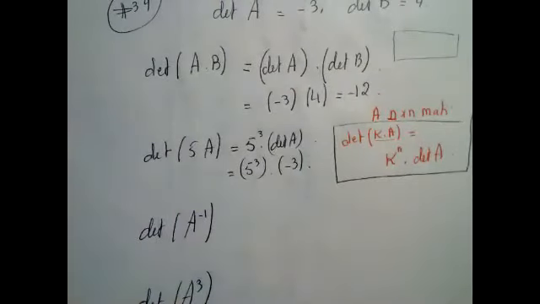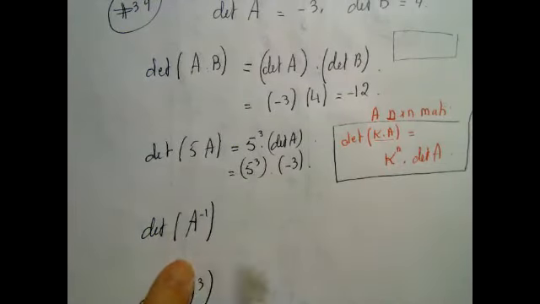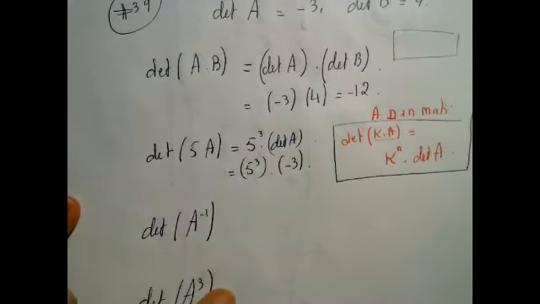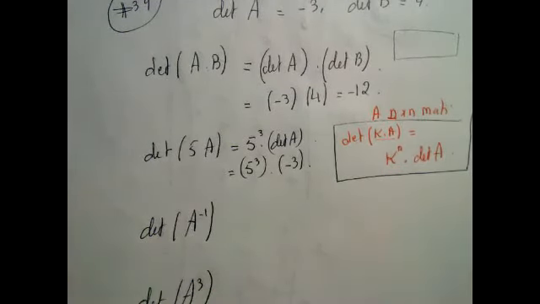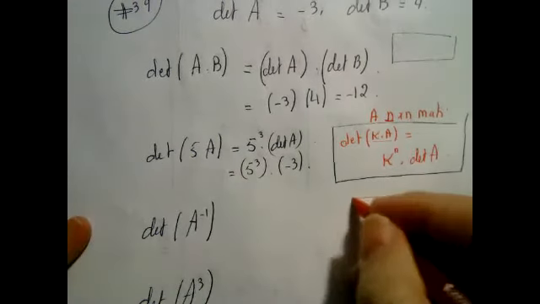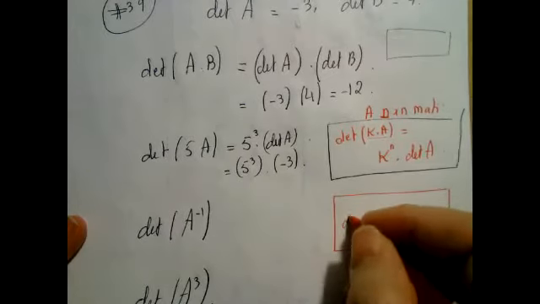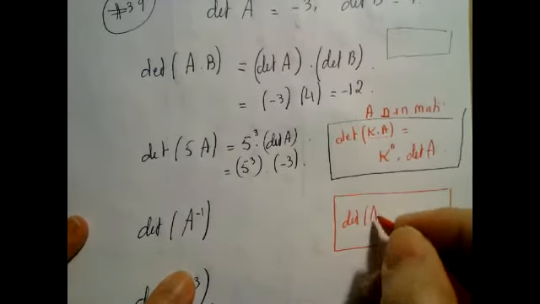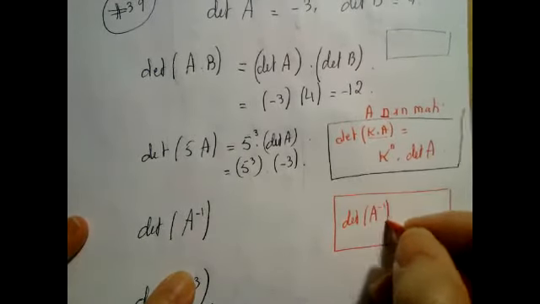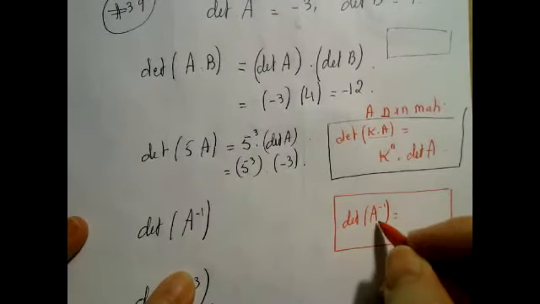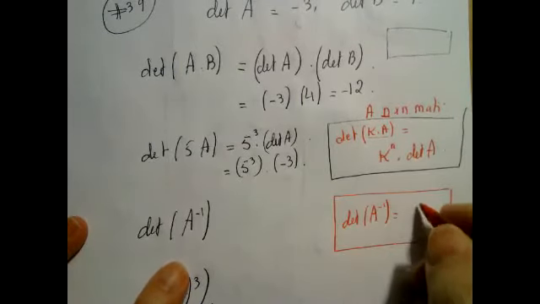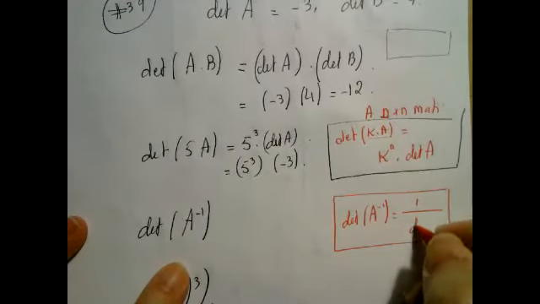Now, what's the determinant of A inverse? Okay, the properties of that. We have a matrix, it has an inverse, and the determinant of A inverse is a new number. If A inverse exists, it means the determinant of A is non-zero.